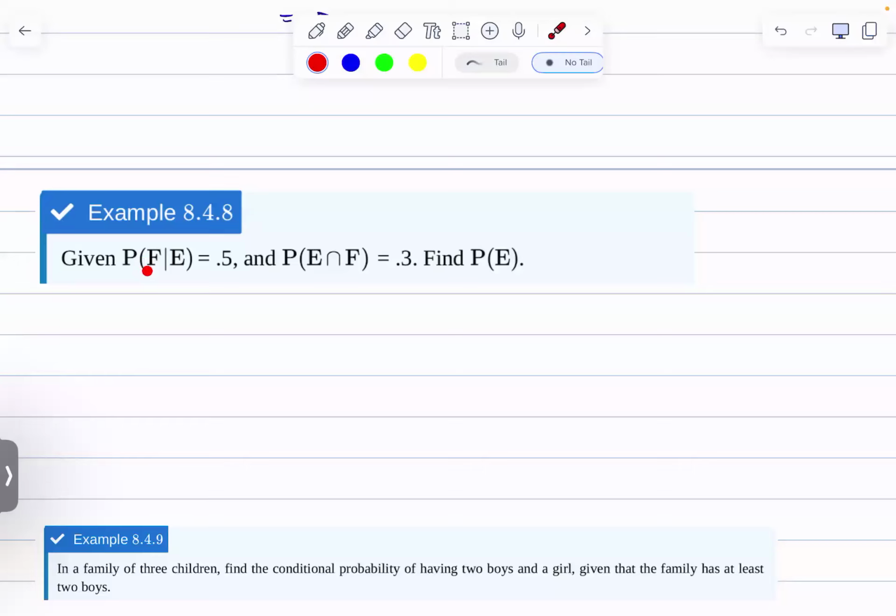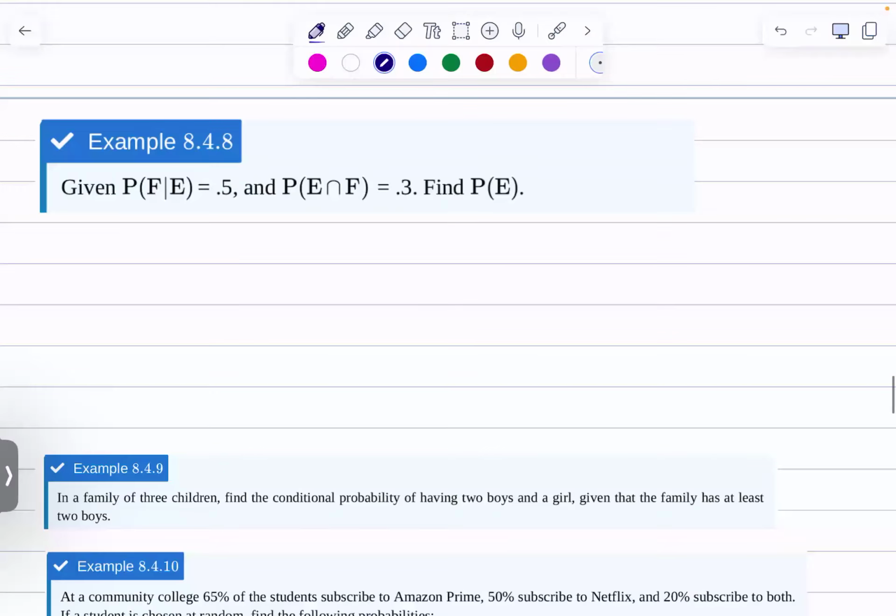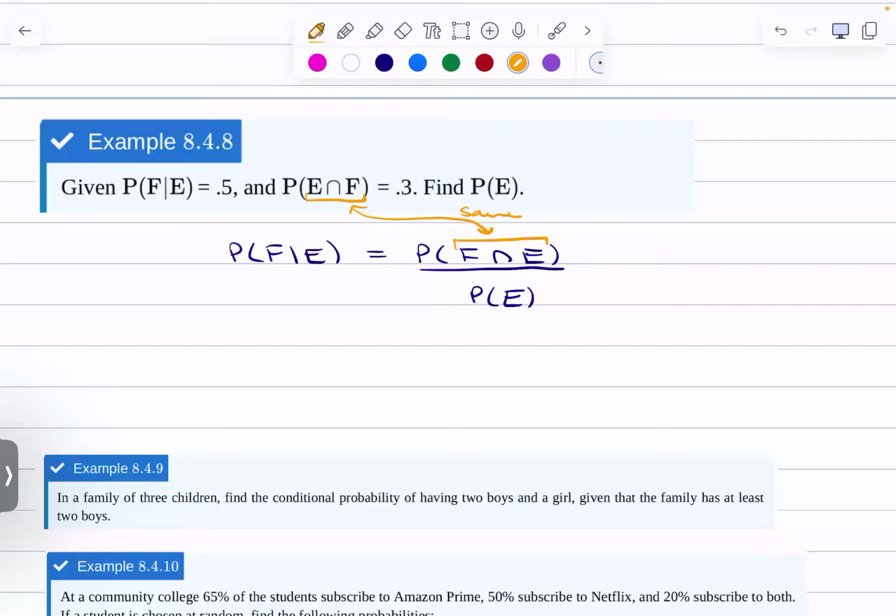If we have the probability of F given E is 0.5, and the probability of E and F is 0.3, and we want to find the probability of E, then I have the probability of F given E is the probability of F and E divided by the probability of E. Again, E and F are the same; inside, they're interchangeable.